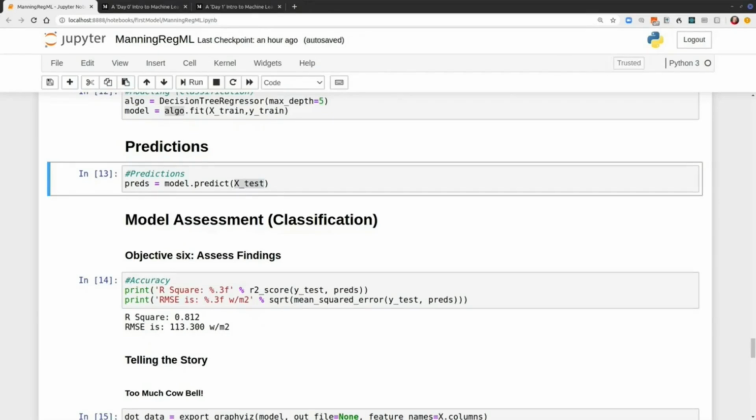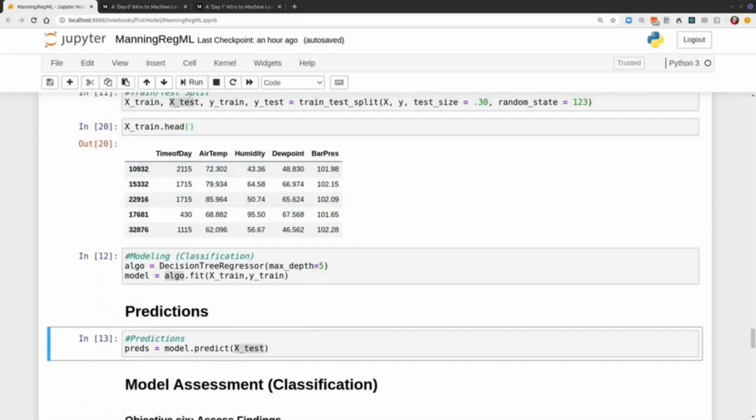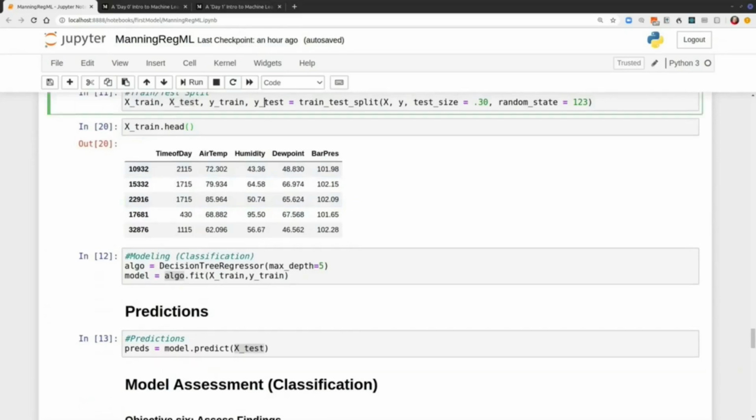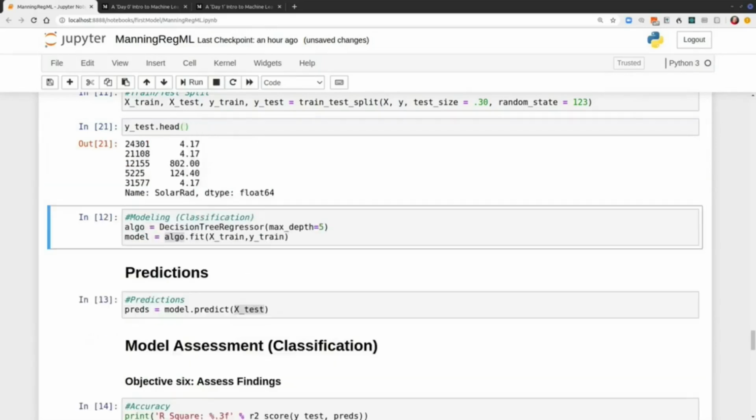So now that we have predictions and we still have ground truth, which is our Y test value sitting out here. If you want to take a look at that, let me show you what that looks like. If we take a look at Y test, you can see these are the known values in the data set.